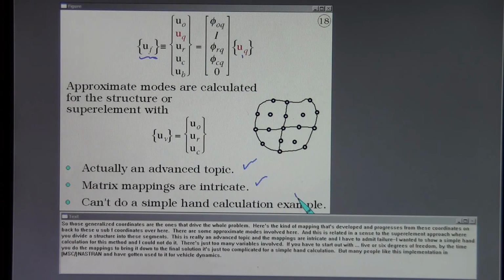I wanted to show a simple hand calculation for this method, and I could not do it. There's just too many variables involved, and if you have to start out with 5 or 6 degrees of freedom, by the time you do the mappings to bring it down to the final solution, it's just too complicated for a simple hand calculation. But many people like this implementation in NASTRAN and have gotten used to it for vehicle dynamics.